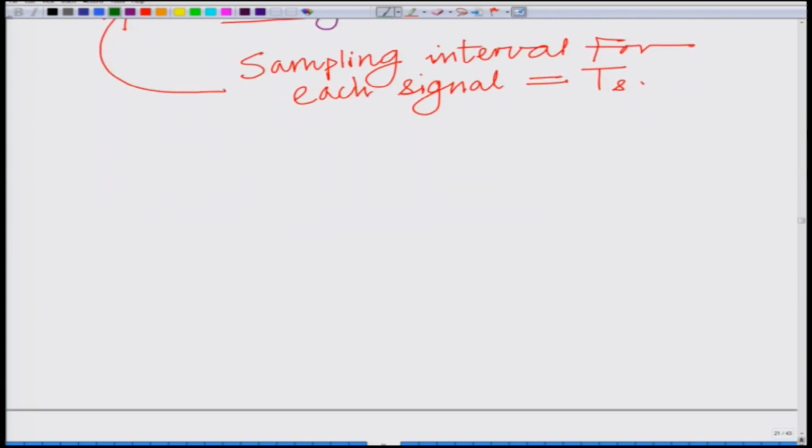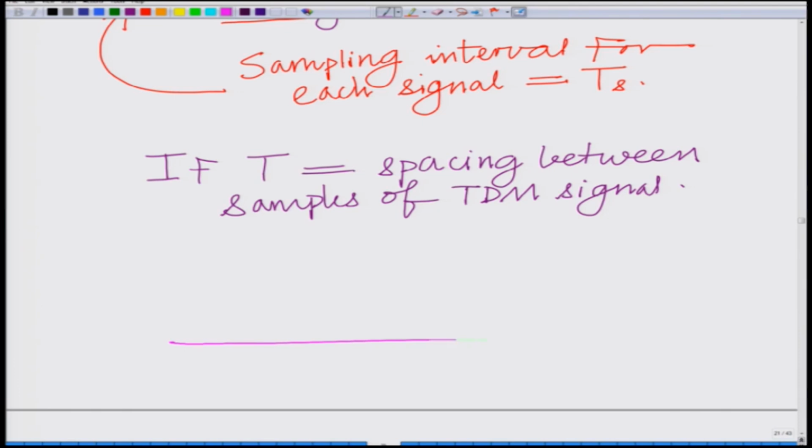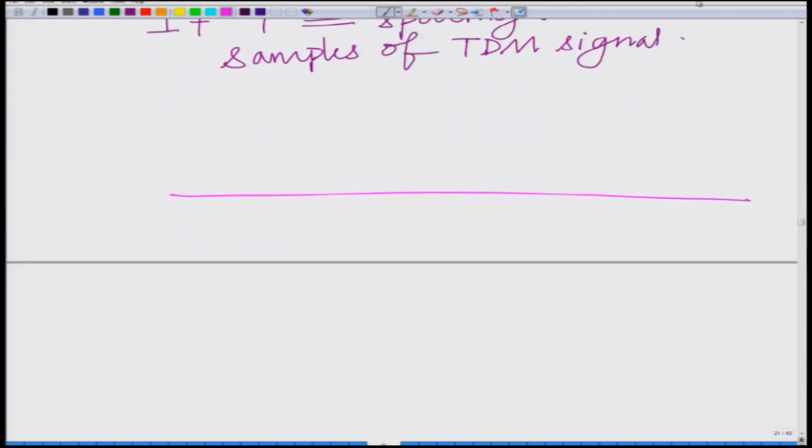Now if T denotes the spacing between samples of the TDM signal, let us look at the samples of the multiplexed signal.